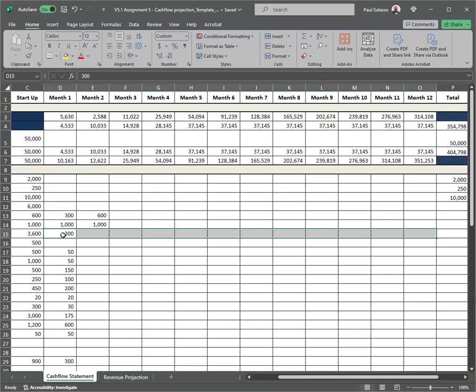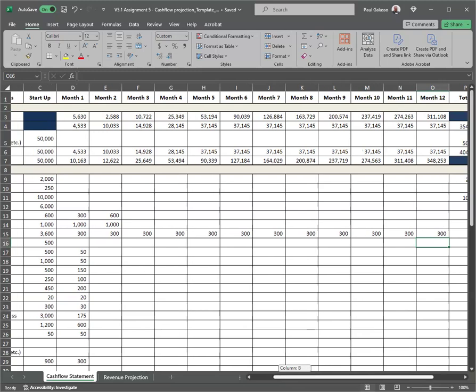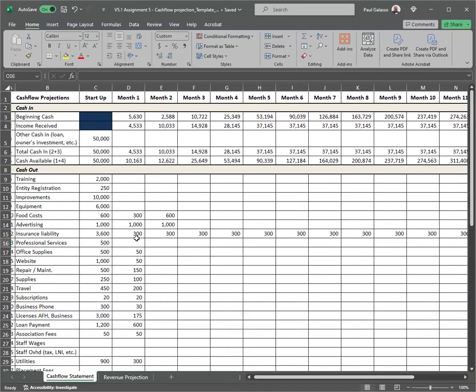In order to do that, if you click on month one and then drag over until you get under month 12, and then you hold the Control and the R key down and press that, that will extend that figure all the way over to the end of where that is highlighted. So that way we don't have to fill those out individually.